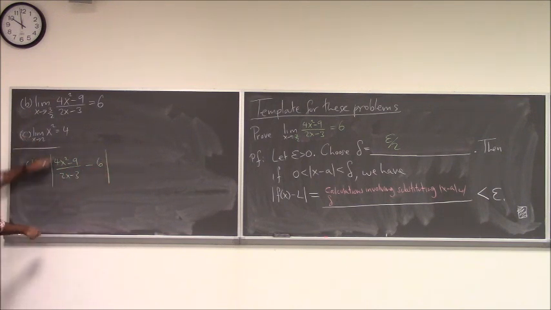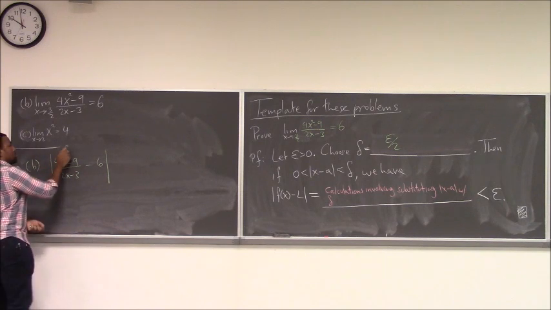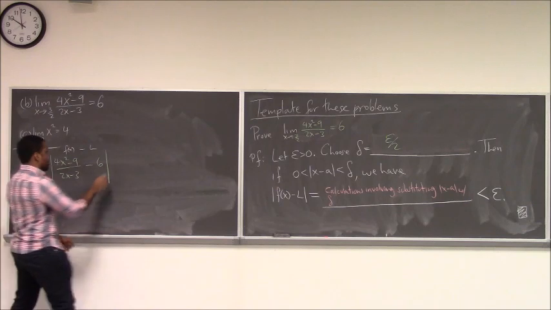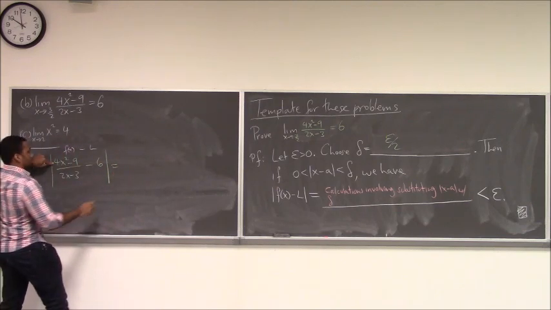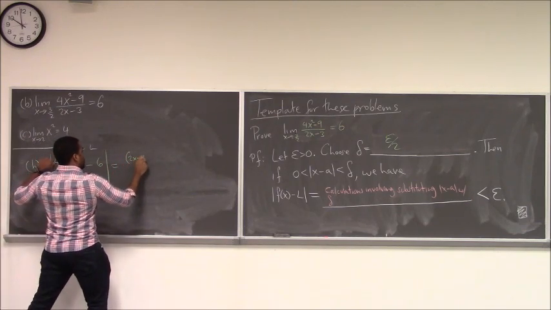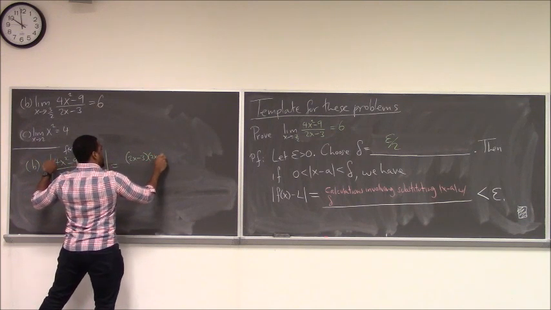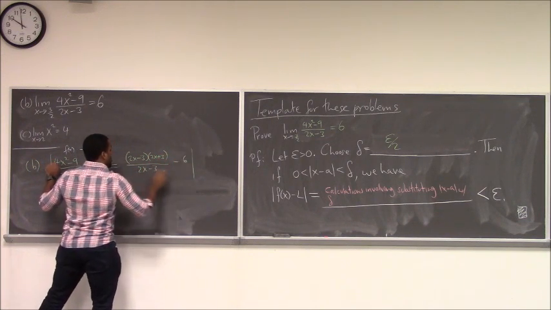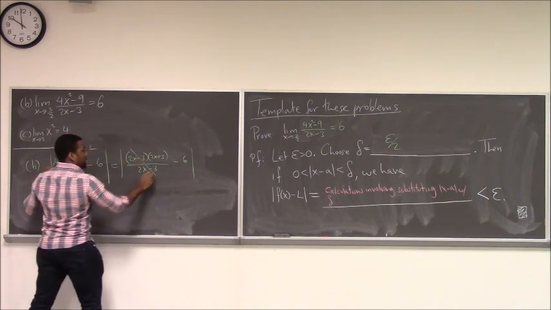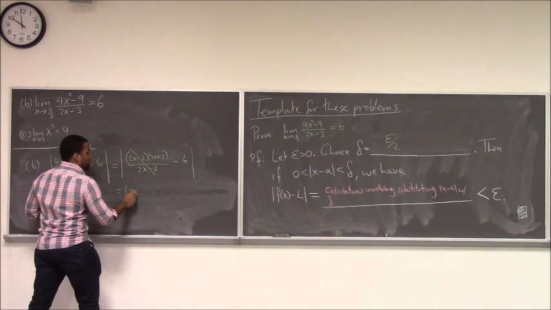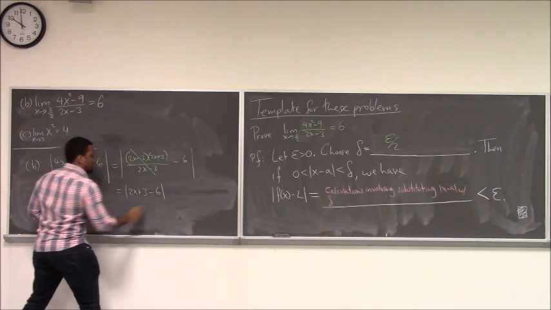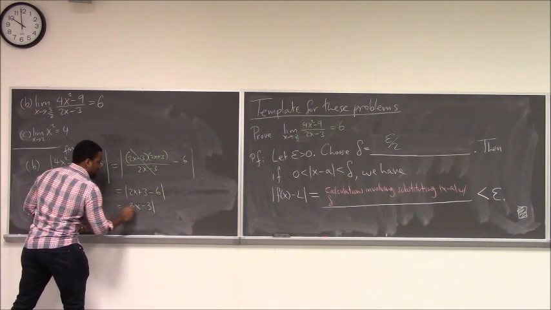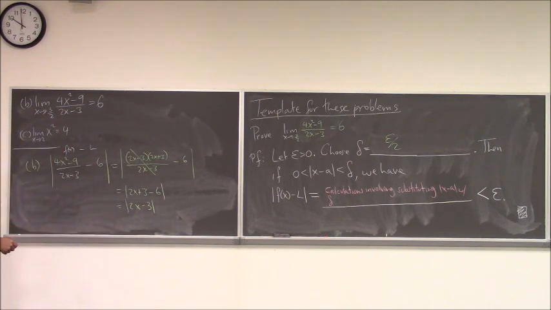Okay. So this is your f of x minus L. And so you start simplifying this. The top factors, it's the difference of squares, 2x minus 3, 2x plus 3. Of course, that cancels, so we end up with 2x plus 3 minus 6 in absolute values. Well, that's just 2x minus 3 in absolute values.